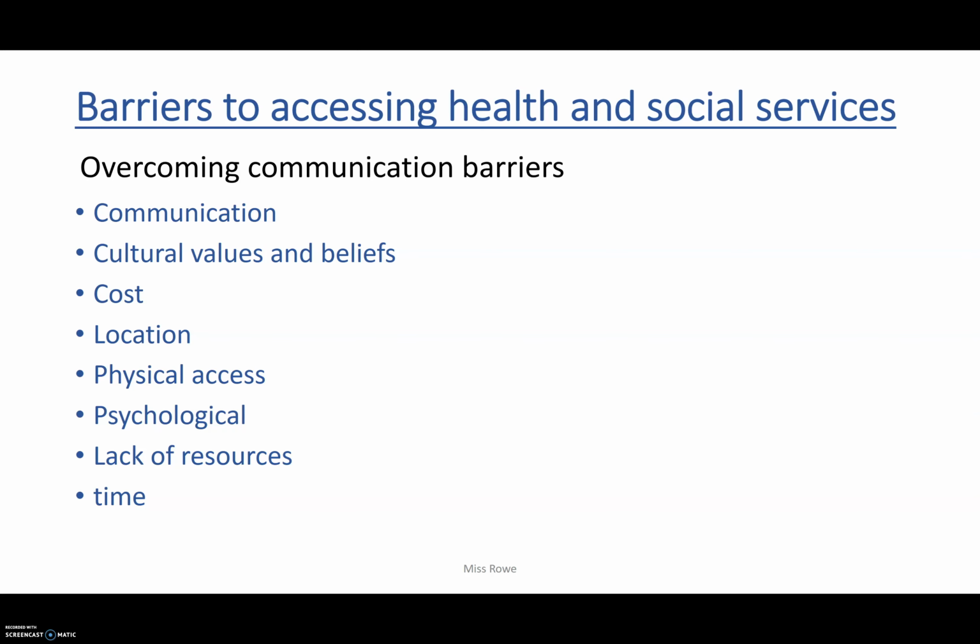Overcoming cost barriers. Well, with cost, we talked about whereabouts are they from, what is the issue with cost, do they want to go private but they can't afford it, or is it they'd rather use the NHS but the waiting list might be too far in the future, etc. So provide people with information.